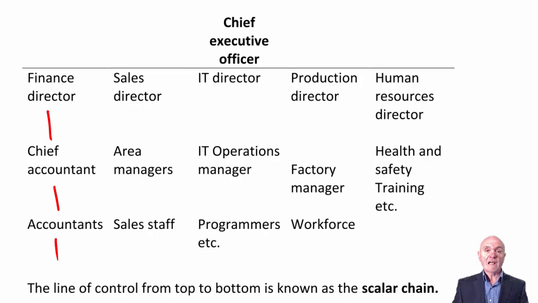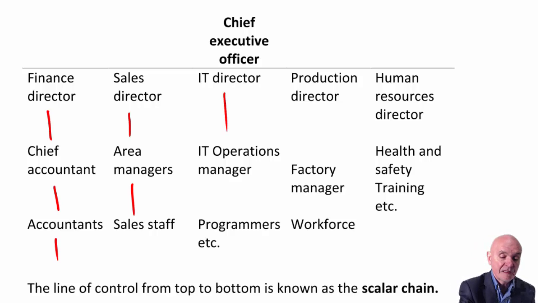Similarly, for sales you'd have a sales director typically, and then it might be divided into area managers, north of the country, south of the country and so on, and then you'd have the individual sales staff. Sometimes they may divide this function into sales and marketing and so on. There are different details that can be going through.